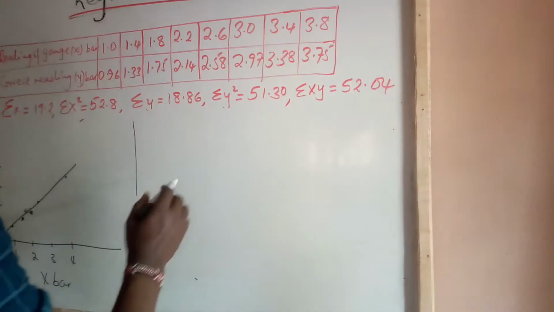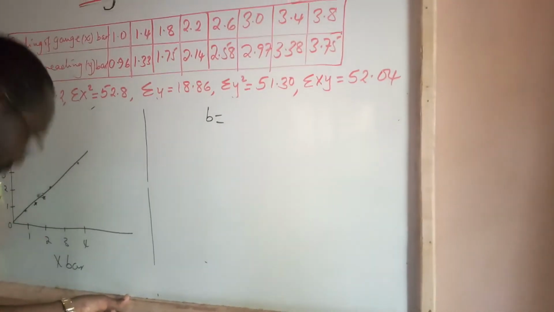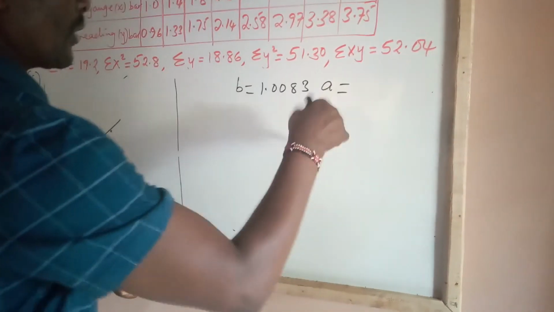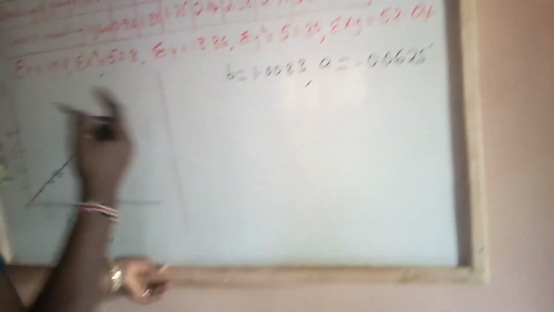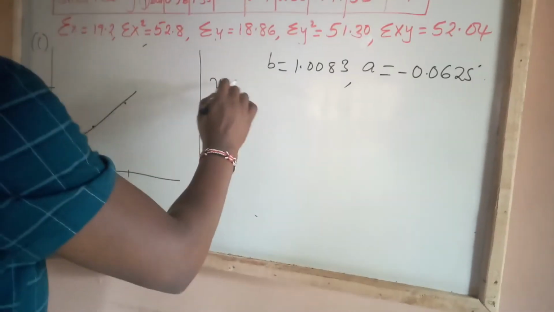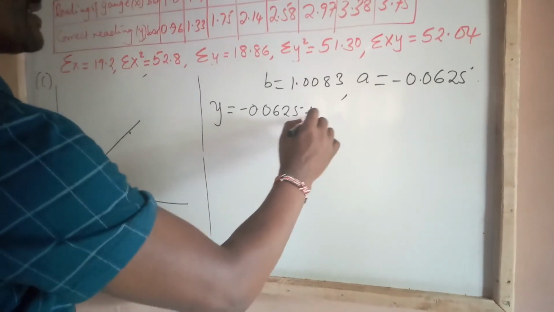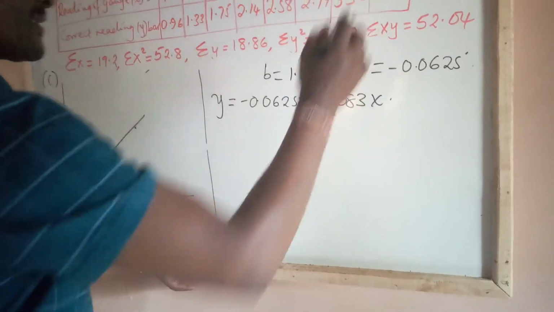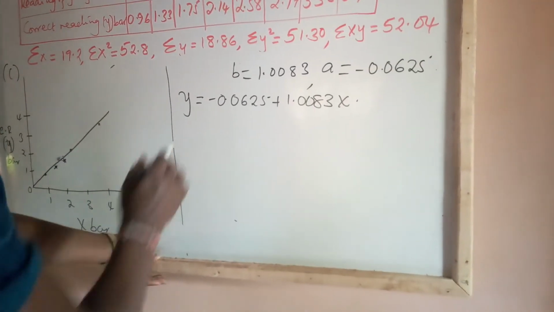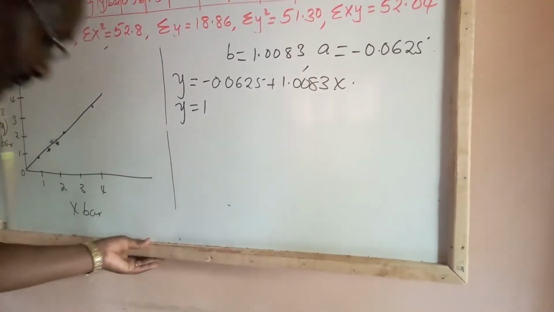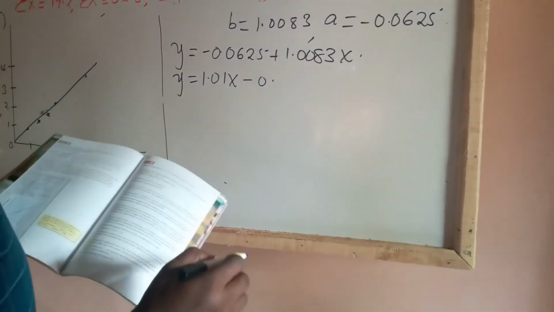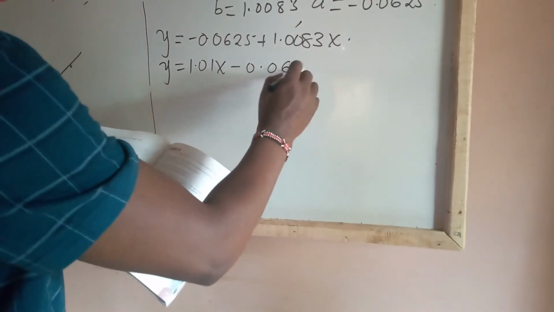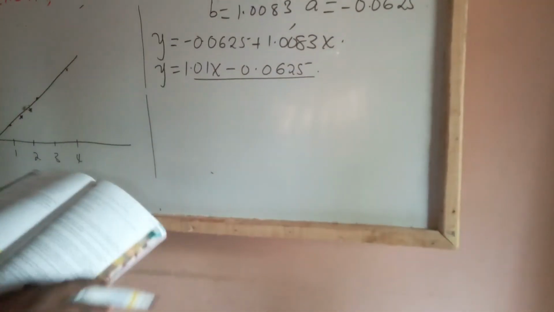Remember, first of all, our b is 1.0083, and our a, which we have just worked out, is negative 0.0625. So y equals a, which is minus 0.0625, plus 1.0083x, and to one decimal place, y equals 1.01x minus 0.0625. This is the equation of regression of y on x.